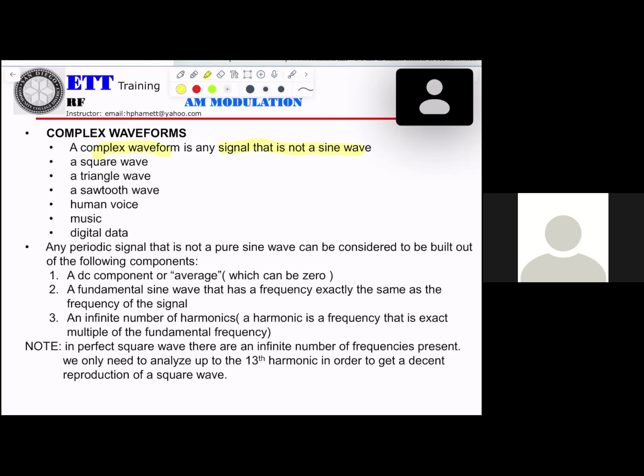And you can get a square wave, triangle wave, sawtooth wave, human voice, music, or digital data.